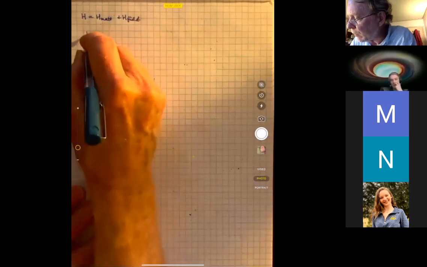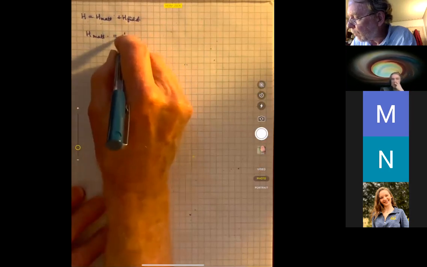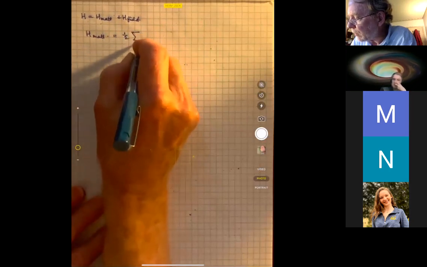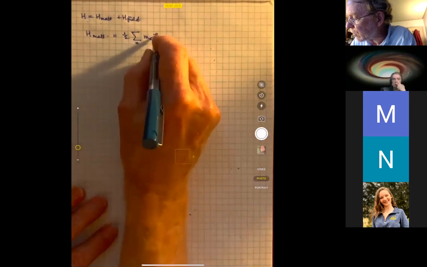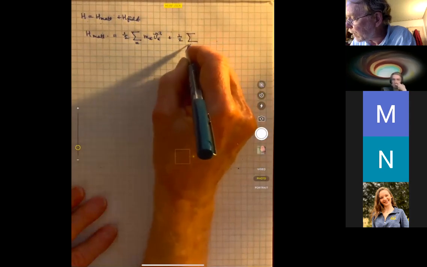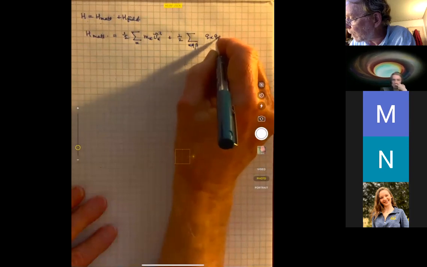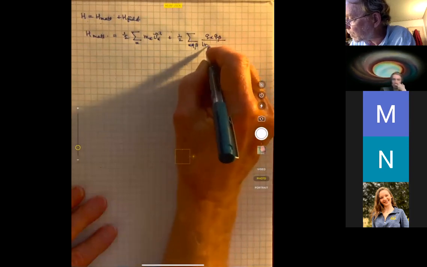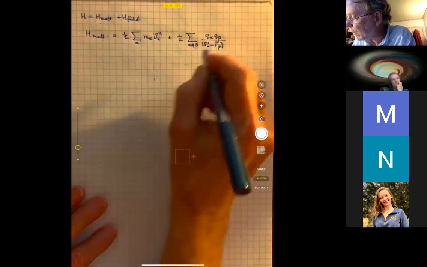And so the Hamiltonian from the matter is going to be equal to, it's just the kinetic energy, 1/2 the sum of m alpha times the velocity squared, v alpha squared. But then we also add this potential energy, the sum over alpha not equal to beta, q alpha q beta divided by the Coulomb denominator between the two particles. Notice that it's non-retarded, which means that it's not really quite right.